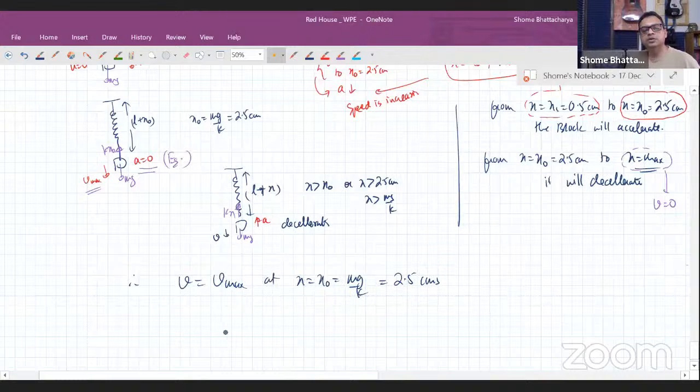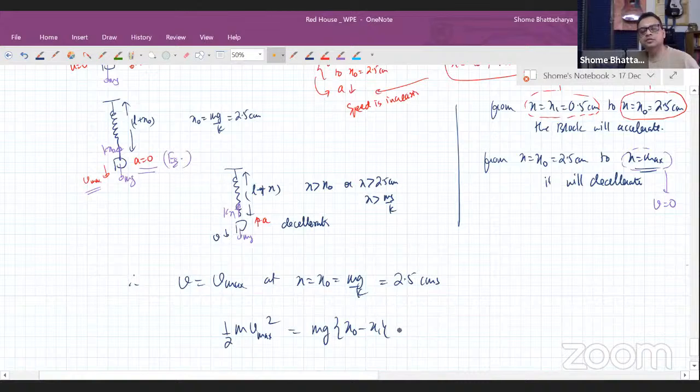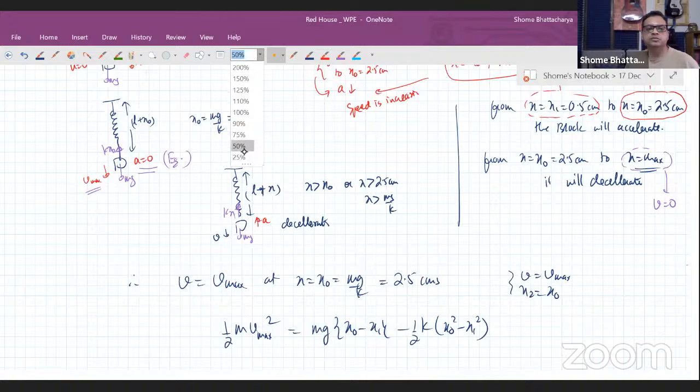So we can now go back to that equation, half mv square, but we'll substitute this as equal to mg times x naught minus x1, minus half k times x naught square minus x1 square, because we'll substitute x2 as x naught, so v is becoming v max, in the work energy equation that we had written above.